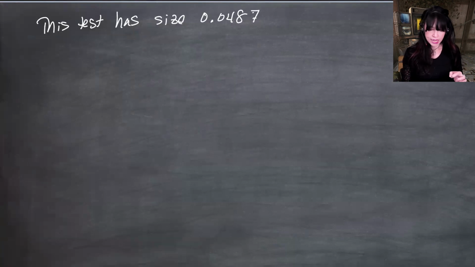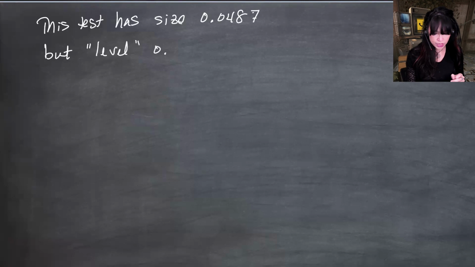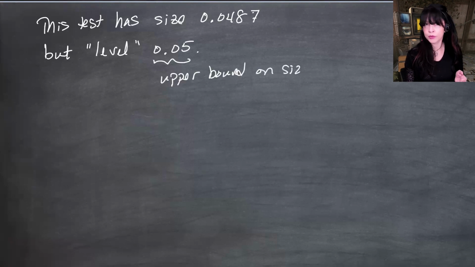But some people will say this test has size 0.0487, but level 0.05. And level is sometimes an upper bound on size when you can't reach the size exactly, which is something that happens for discrete distributions. I'm not going to test you on that or even use that language.